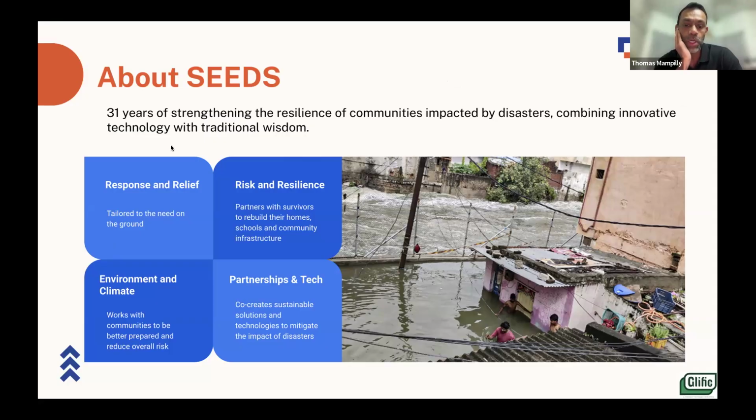Seeds has identified 225 disaster hotspots that they work in. They do this work in a number of ways. First, they do response and relief, so immediate needs of the community. And here, the needs are very important to how Seeds responds and provides relief to these communities that are affected by disaster.